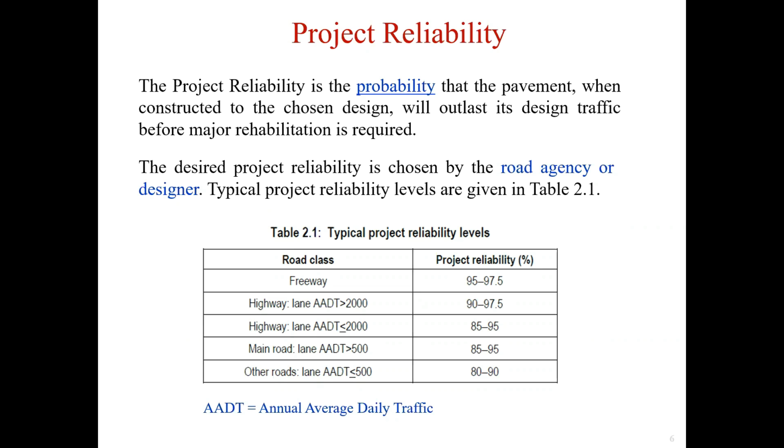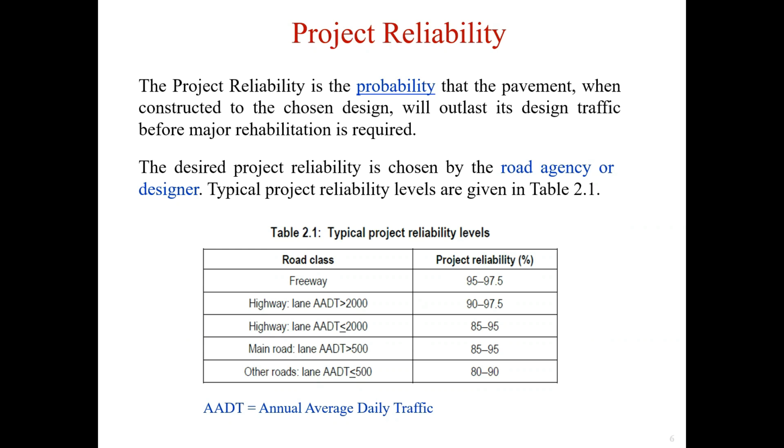So the designer needs to allow for this uncertainty and variation in the performance prediction. An appropriate measure of the anticipated performance of the proposed pavement is project reliability. The project reliability is the probability that the pavement will outlast its design traffic before major rehabilitation.